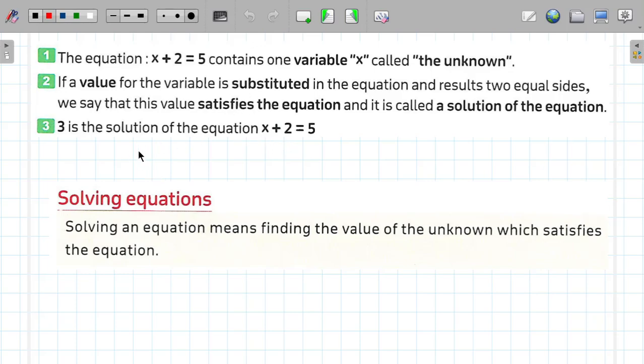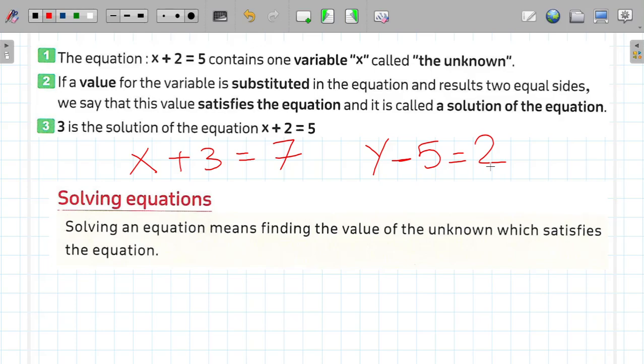If I have an example like x plus 3 equals 7, what is the value of x? x will be 4. So I can say 4 is the solution for this equation. If I have y minus 5 equals 2, what is the value of y? I can say y is 7 because 7 minus 5 equals 2.